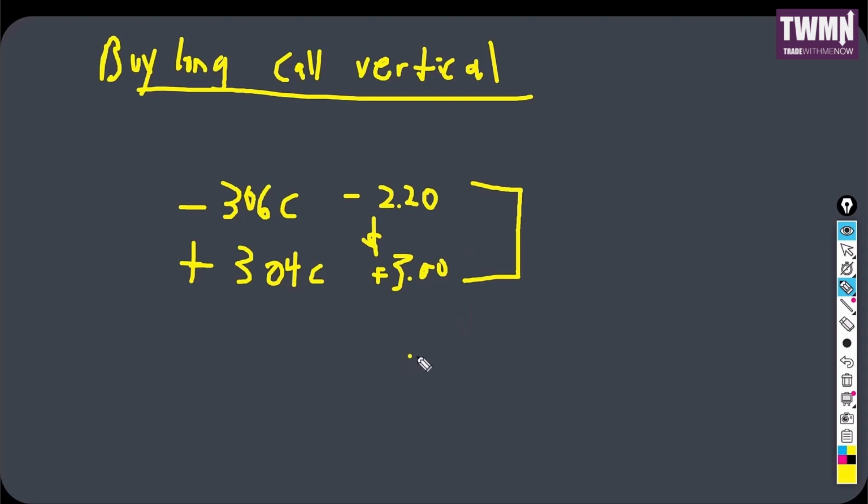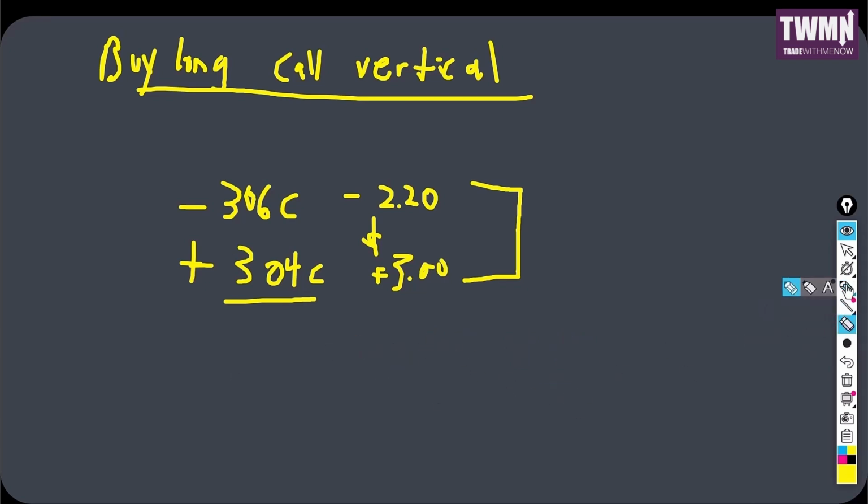The net transaction is 80 cents or $80 cost. Look how my cost went down. Buying the 304 call like I did before for $3, or I could buy it in a vertical and it only cost me $80.